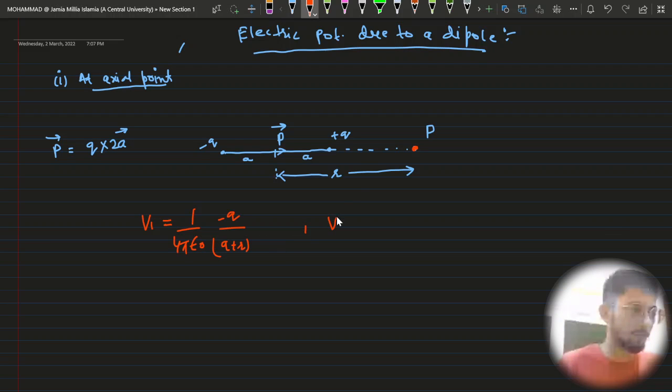Now because of this plus q charge, the potential at point P will be 1/4 pi epsilon naught q by this distance, which will be r minus a, right?